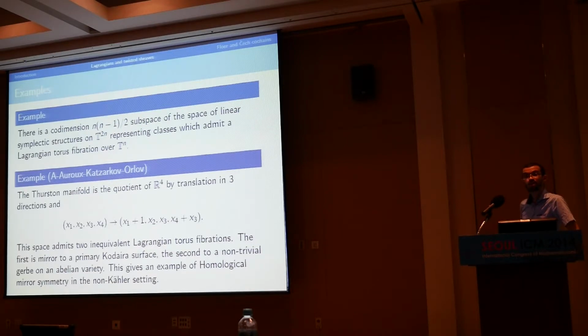Unfortunately, not every such linear symplectic torus will work for us, because I had to assume the existence of a Lagrangian torus fibration. And that basically says that there is an n-dimensional subspace of the lattice on which the symplectic form vanishes. So this is a non-trivial condition, and it ends up being codimension, well, essentially n squared over 2.